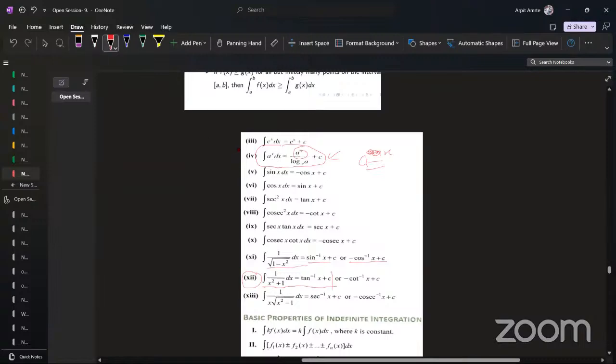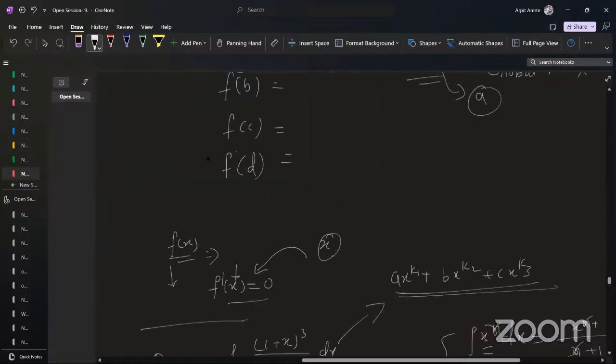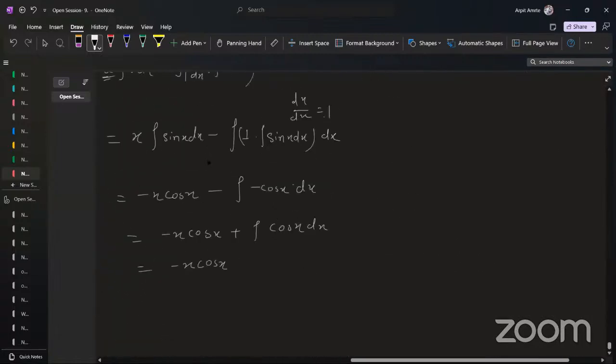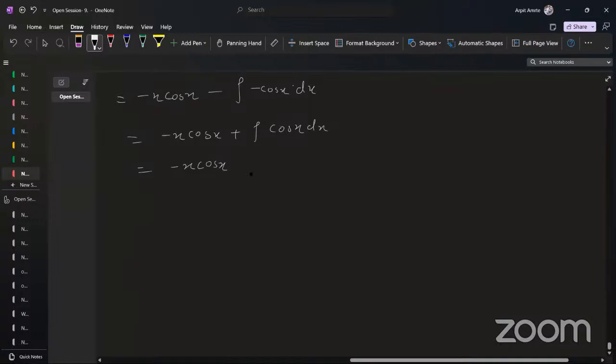So we get minus x cos x plus sin x. Okay, got the idea how we will solve this kind of problem.